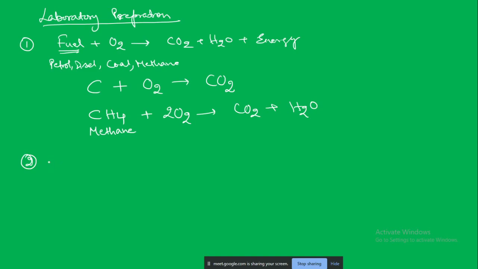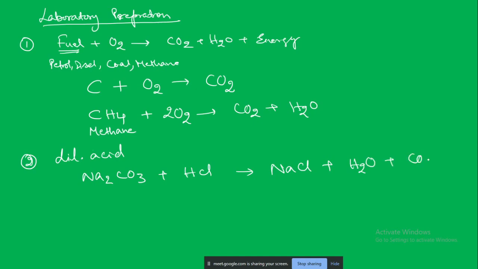The other method is to react a carbonate or bicarbonate with a dilute acid. For example, if we take sodium carbonate and react it with dilute acid, we get NaCl, and water is released along with carbon dioxide.